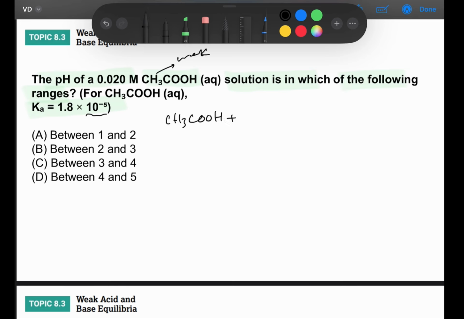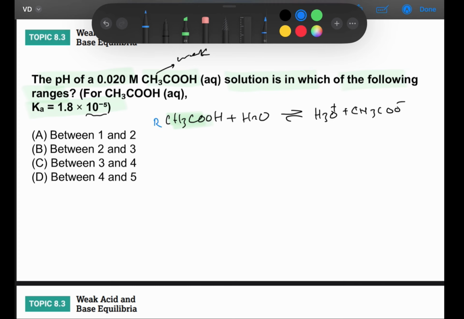CH3COOH, it dissociates in water, and then we have reversible arrows because it's a weak acid. It's partially dissociating. The acid produces H3O plus in addition to the conjugate base. How can I determine the conjugate base? All right, so here we just remove the hydrogen, and you will end up with CH3COO negative.